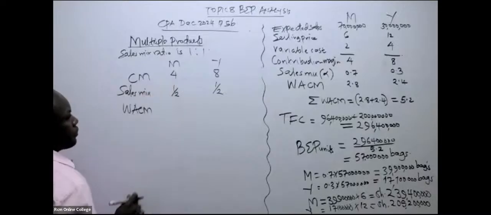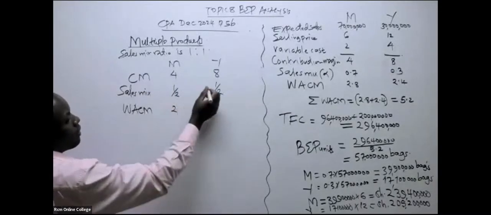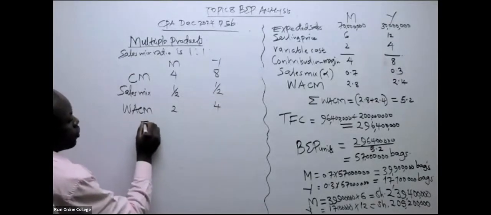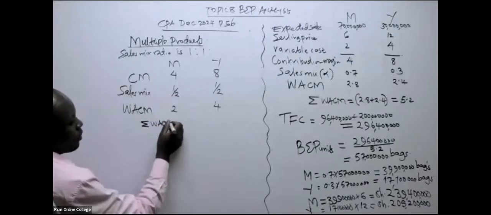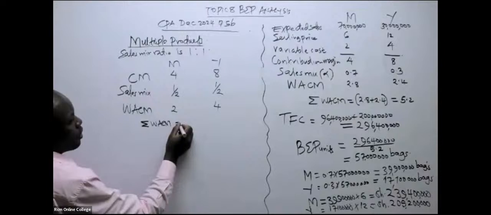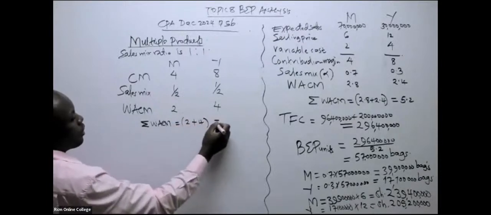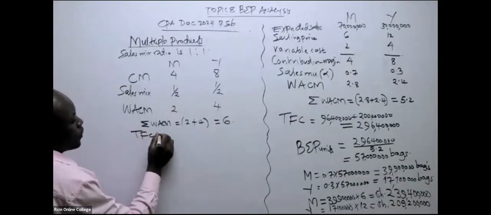Now, will I be able to get weighted average contribution margin? Half of 4 will give me 2. Half of 8 will give me 4. So what is my summation of weighted average contribution margin? It will be 2 plus 4. That will give me 6. Total fixed cost is not affected.